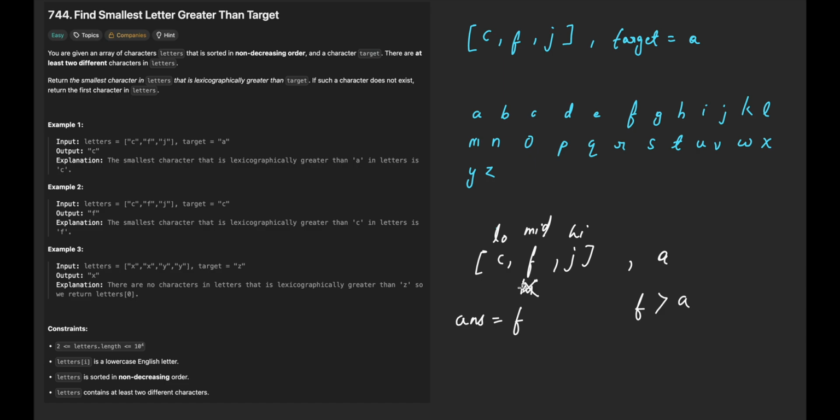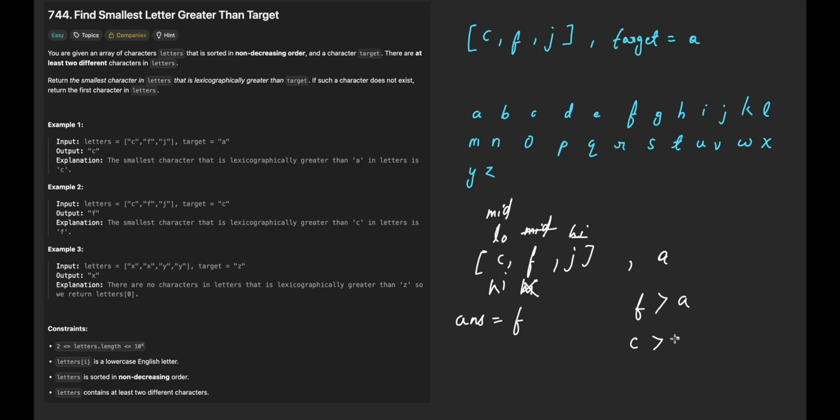So high gets here. Now high is pointing to C and low is also pointing to C, which means they are coinciding. And if we find the mid, mid also comes to be here. Now let's check if the current mid element is greater than the target.